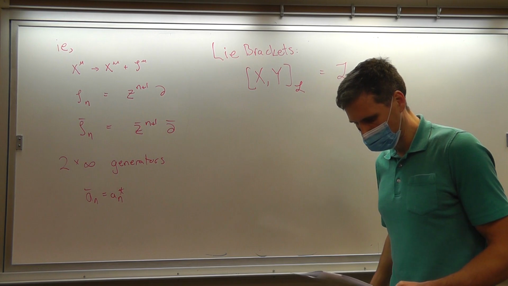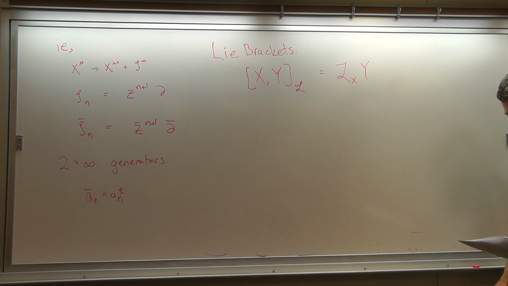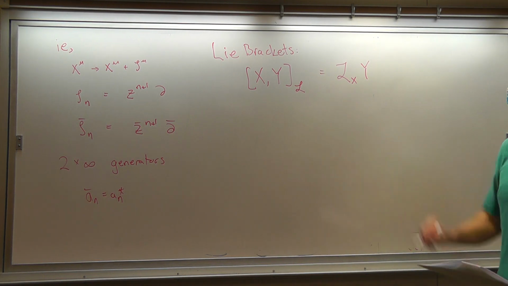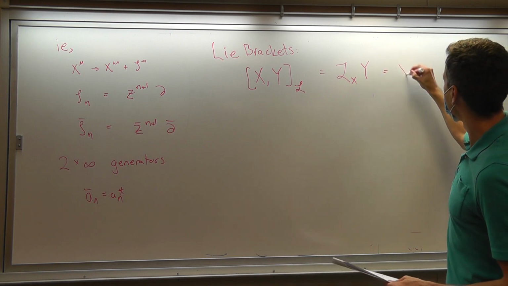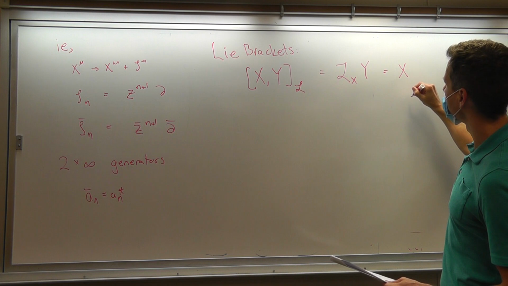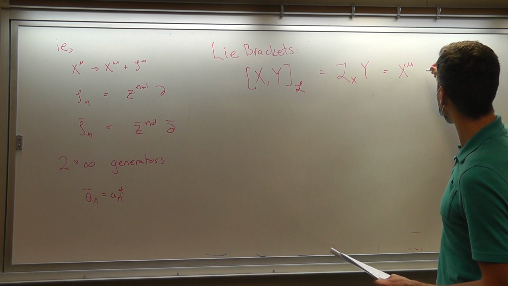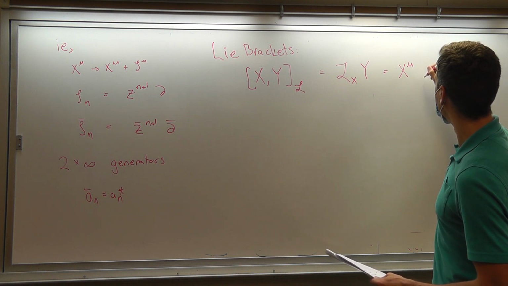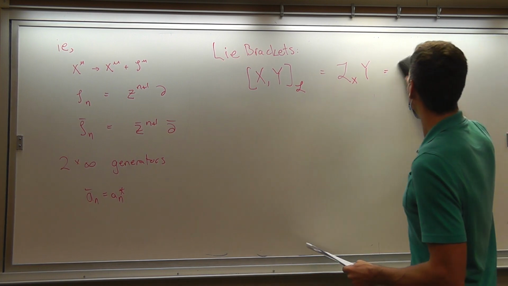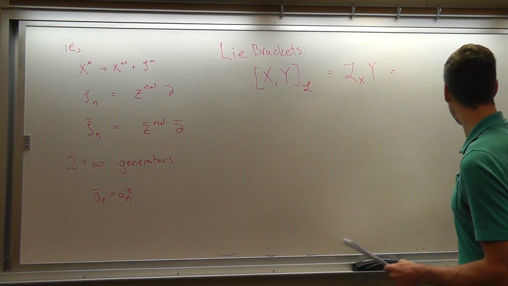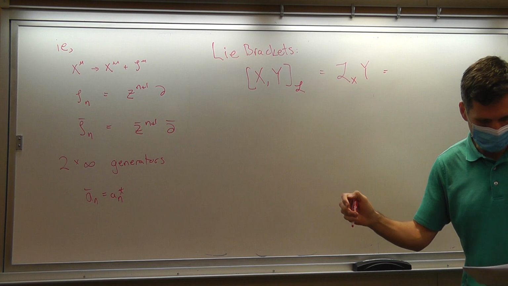And it's easy to calculate this for these generators. I'm going to mess up the sign if I try to write down the Lie derivative, so I'm not going to.